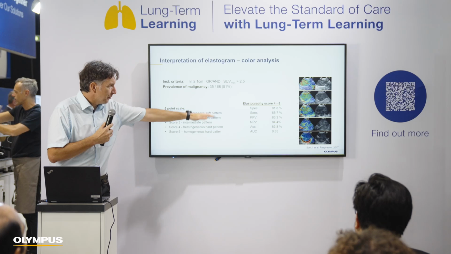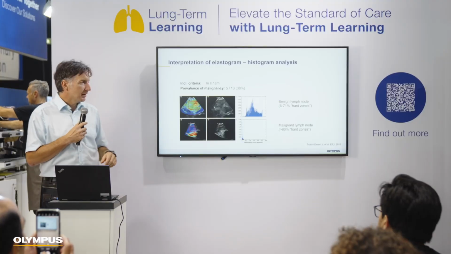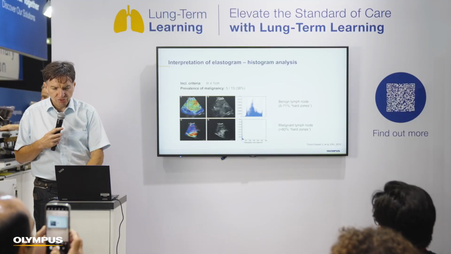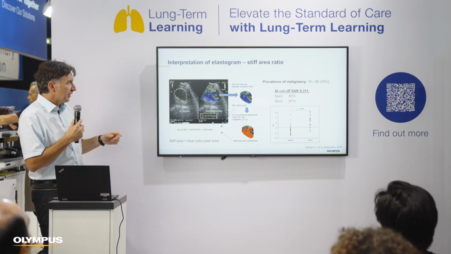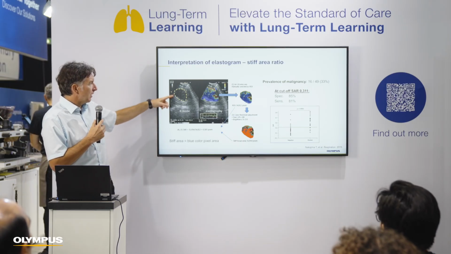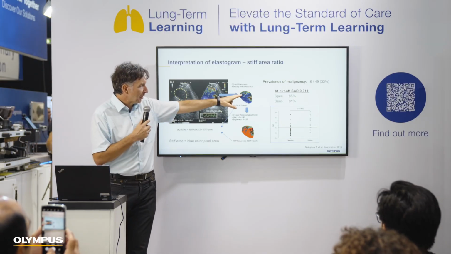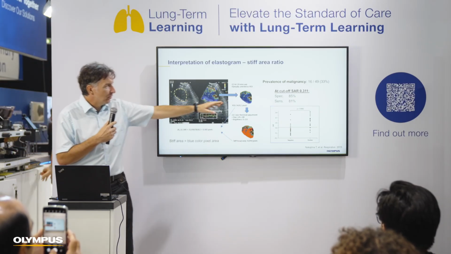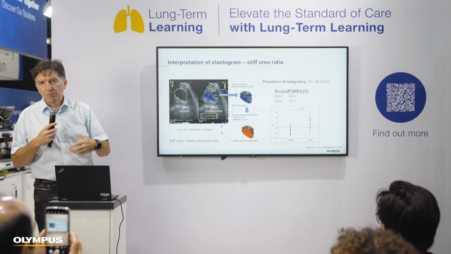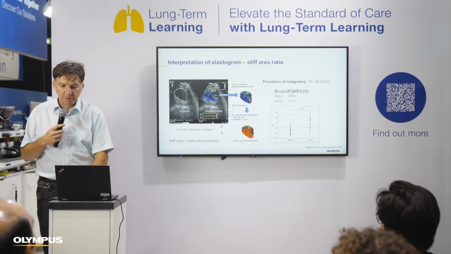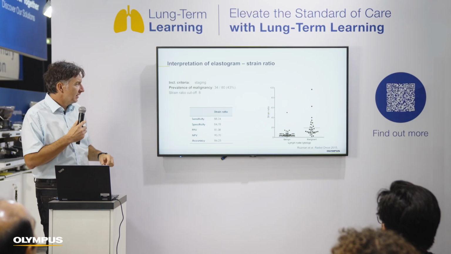And each of these features has its own sensitivity. This is another mode of analyzing elastography, where we analyze the histogram of all the colors which are captured on the image. There are also some software possibilities. You cut out a piece which is of interest to you, and then you analyze how blue or how red it is, and then you have some distinction between what is hard, what is soft, what is possibly malignant, what is possibly not malignant.